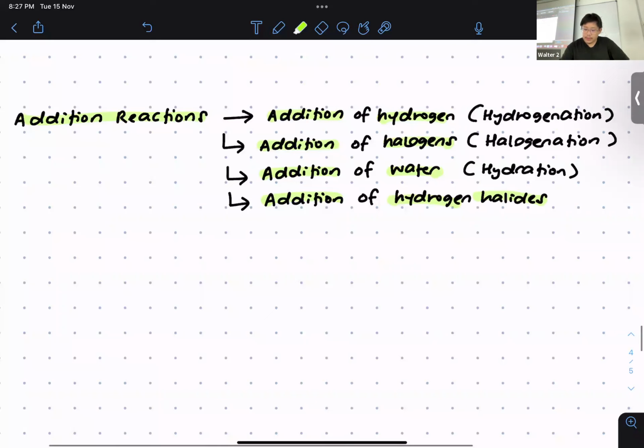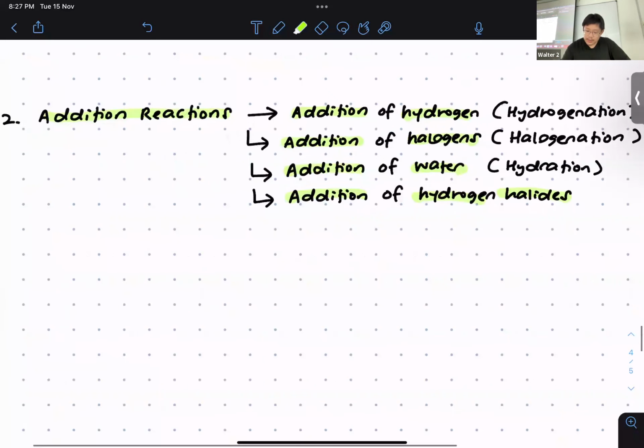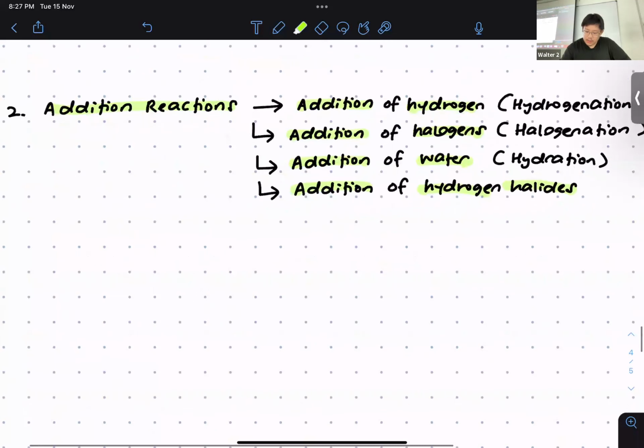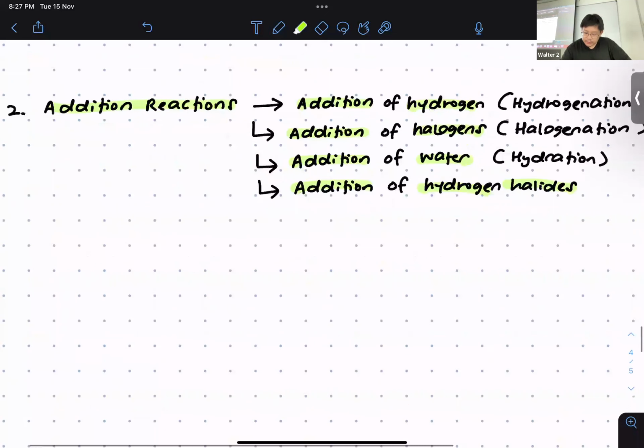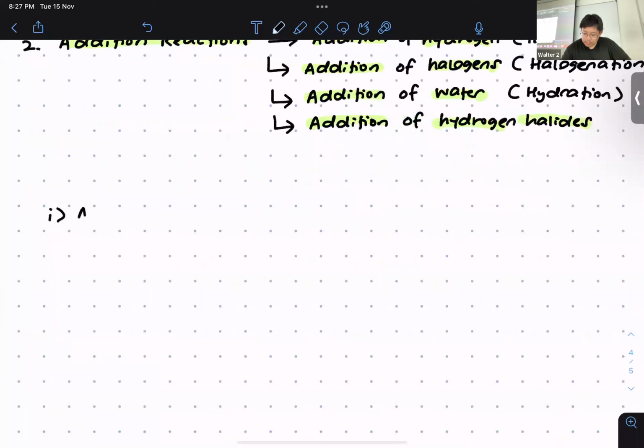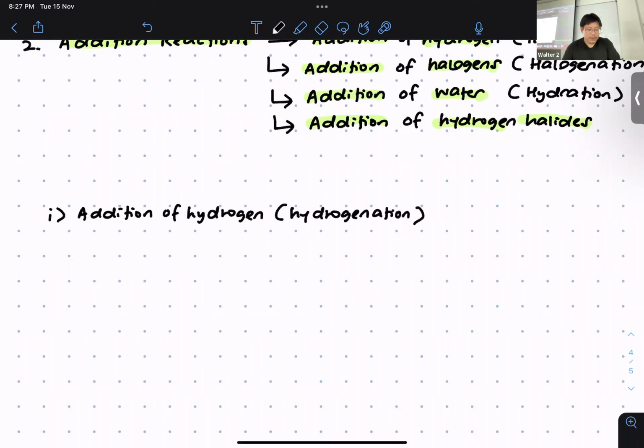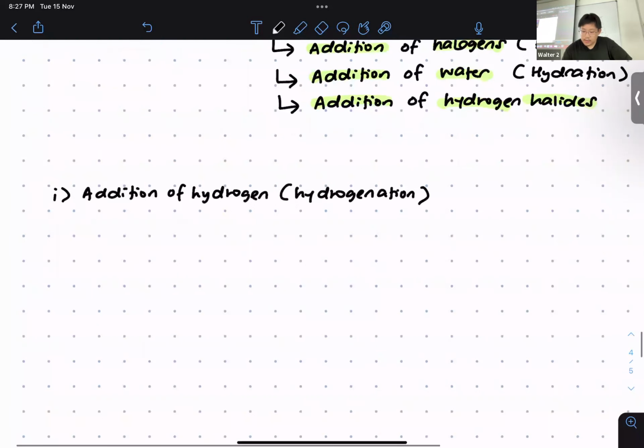Okay, so let's take a look at the first one, which is addition of hydrogen. First thing you need to remember is the reaction condition.